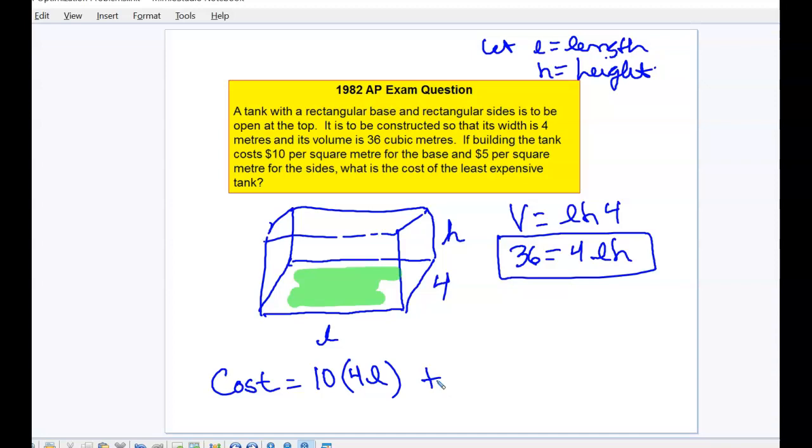Okay, well, I have two sides that have the area 4 times H. So I have the left and right, so 2 times 4 times H. That's going to give me the area of the ends, sorry, and I'm going to times that by 5, plus I have the front face and the back face is going to be L times H, and there's 2 of those, and that's also 5.